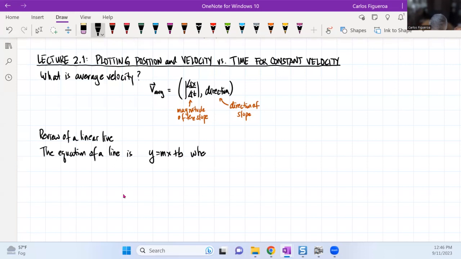where we look at the slope, which is this m value, and this is what we call the rise over the run. And in this case, because we are plotting y versus x, the rise is going to be in the y direction and the run will be in the x direction.